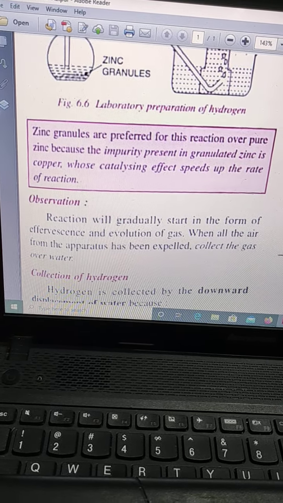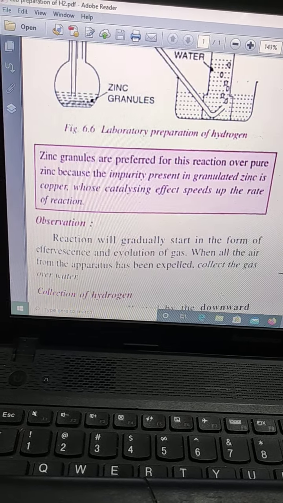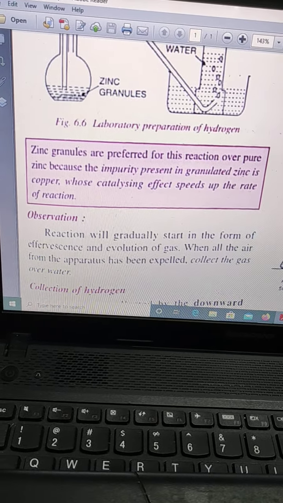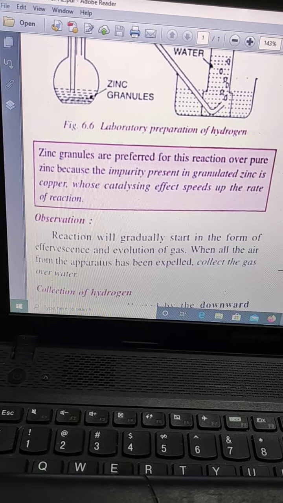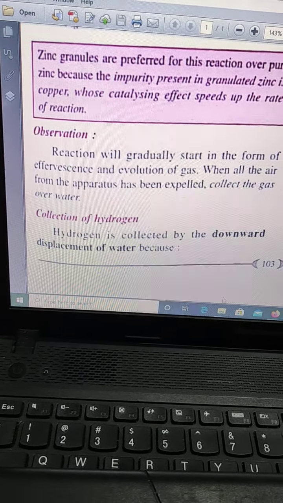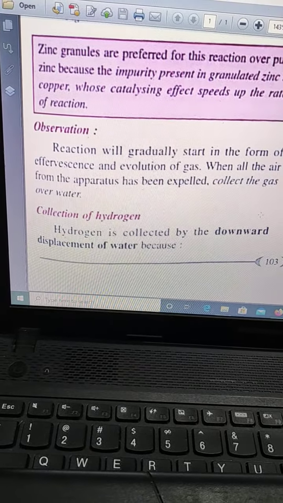Now over here you'll observe that the reaction gradually starts in the form of effervescence. You can see the hydrogen gas bubbles coming out, and it will be collected over the water. As I said, hydrogen is collected by the downward displacement of water.